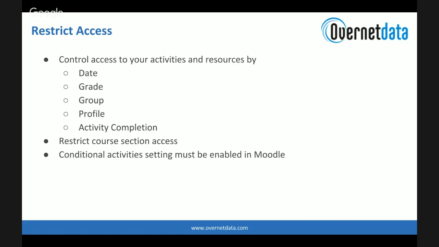We can also control access by grade, by group, by information which is stored within the user's profile, and also activity completion, which is something that we're going to go through a little bit later. One of the new things is that usually we just use resources and activities, but we can control access for an entire course section, which is something that's new in Moodle.